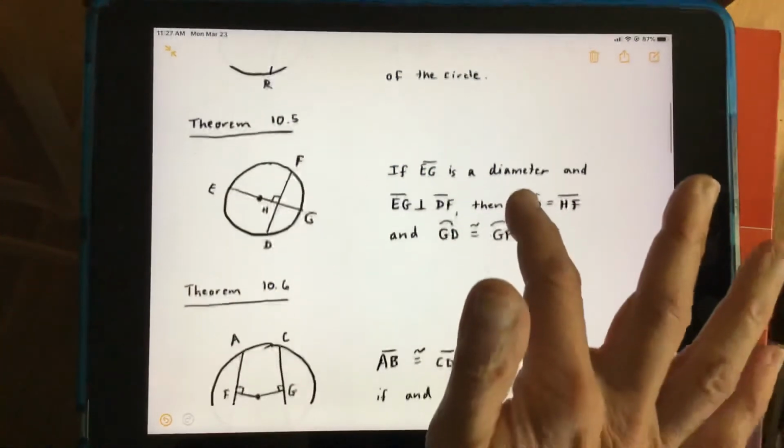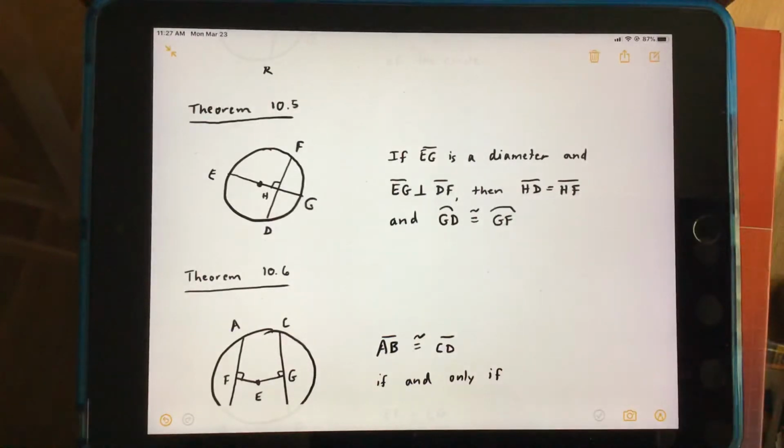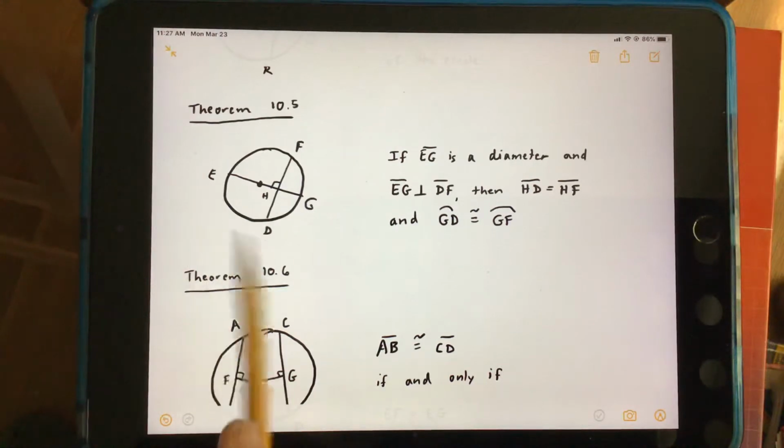Theorem 10.5 says if segment EG is a diameter and if EG is perpendicular to DF, then it must be true that segment HD is in fact equal to segment HF and arc GD is congruent to arc GF. So let's just take a look at that a little more closely.